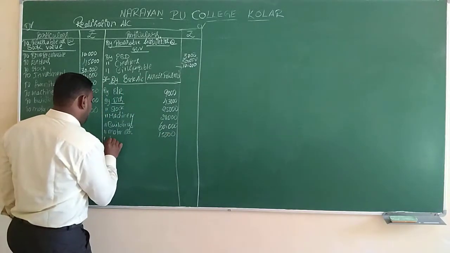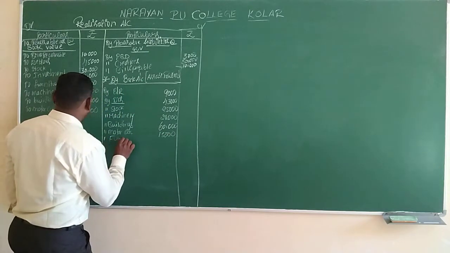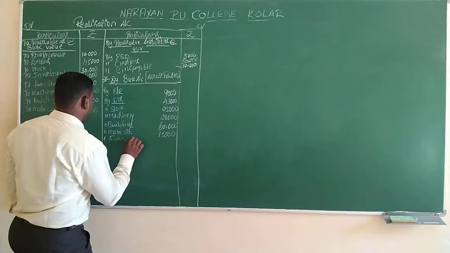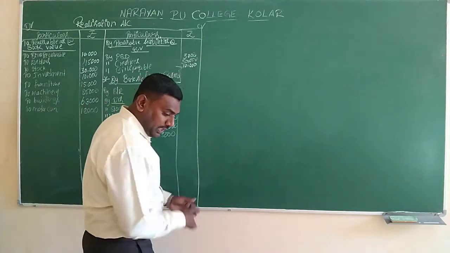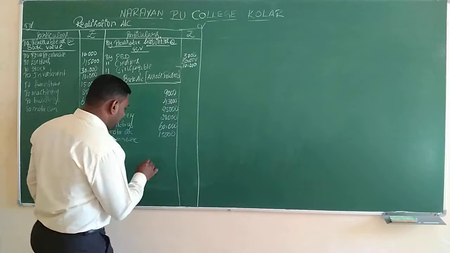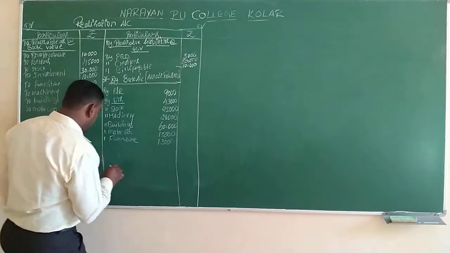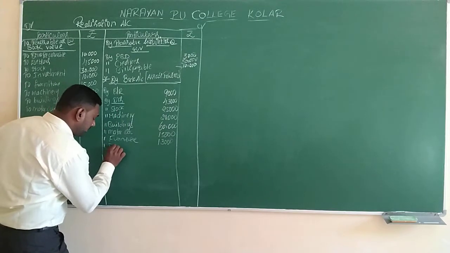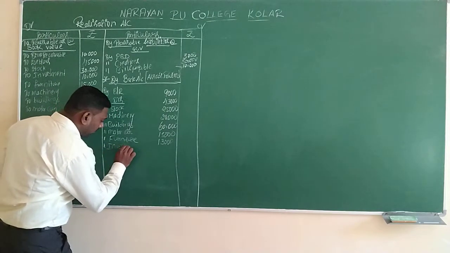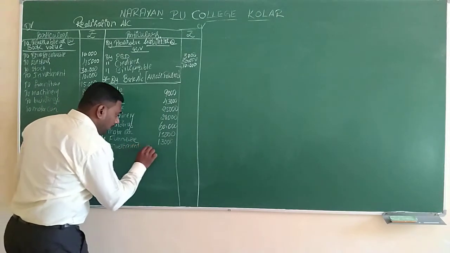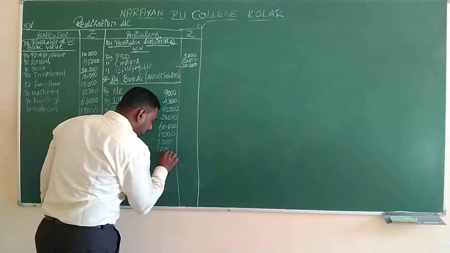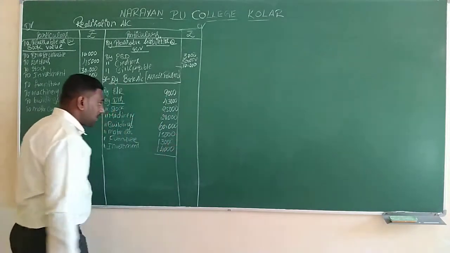By furniture 13,000. Next, by investment 14,000. These are the assets given.